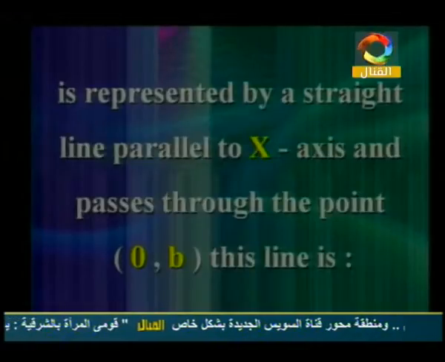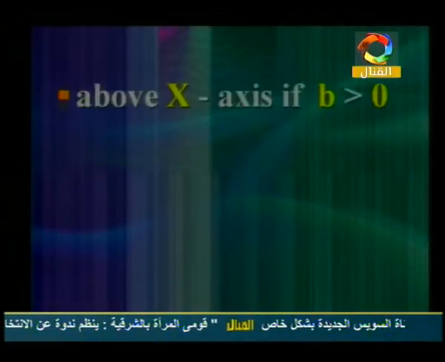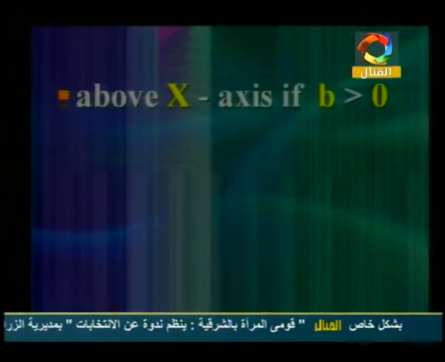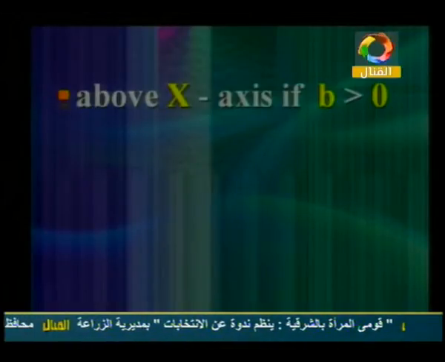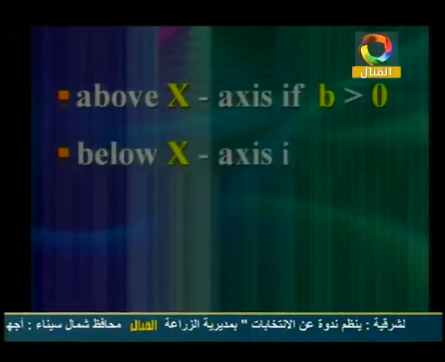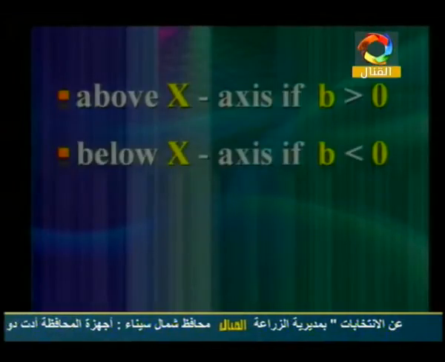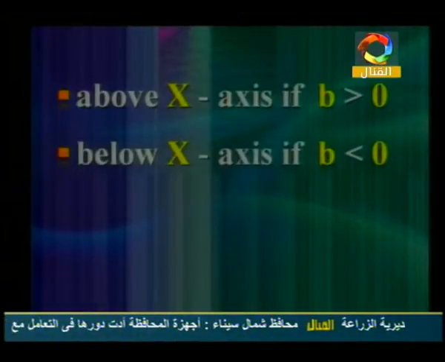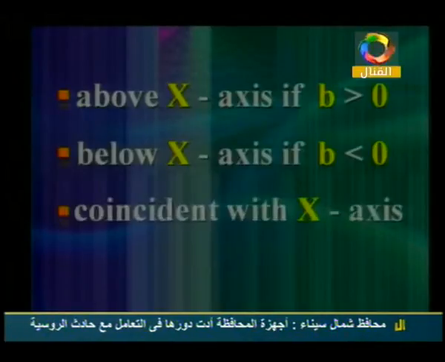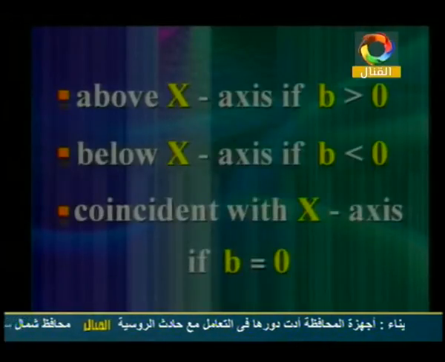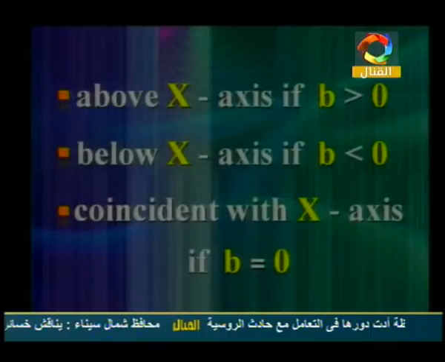This line is above the x-axis if b is bigger than 0, below the x-axis if b is smaller than 0, and coincident with the x-axis if b equals 0.